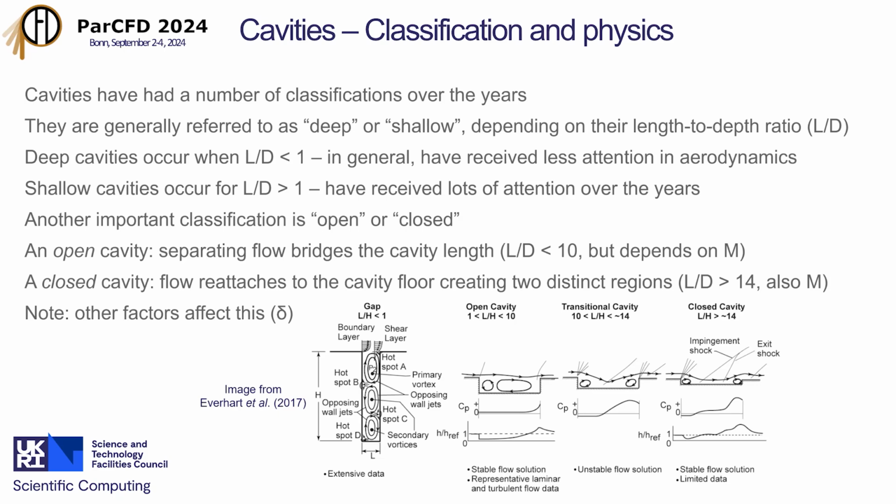This here is for supersonic flow, and a length to depth ratio of roughly 10 would be the open cavity, and greater than 14, the closed cavity. But it depends on the Mach number. If you do hypersonic, the open cavity persists to around 14. And it also depends on other factors like the boundary layer thickness at separation.